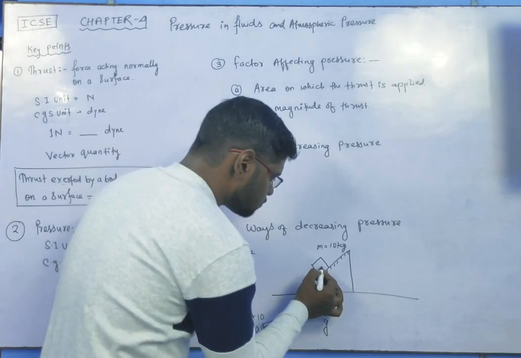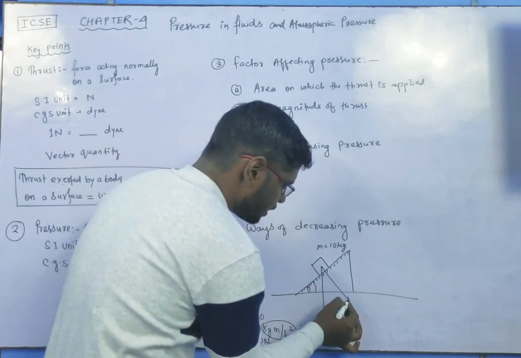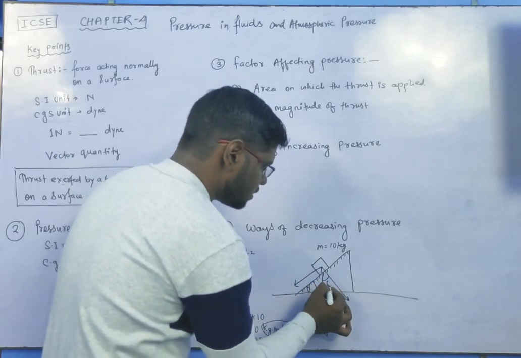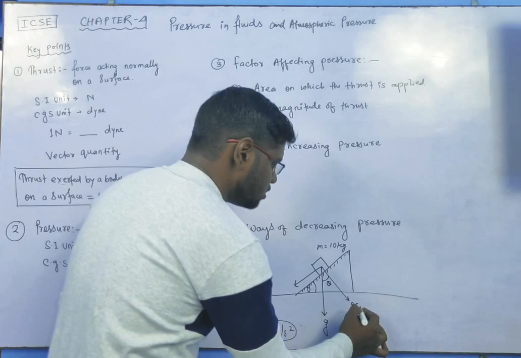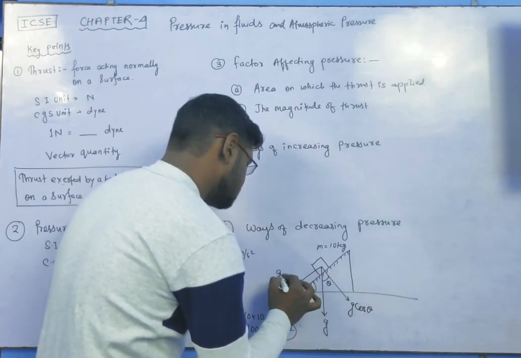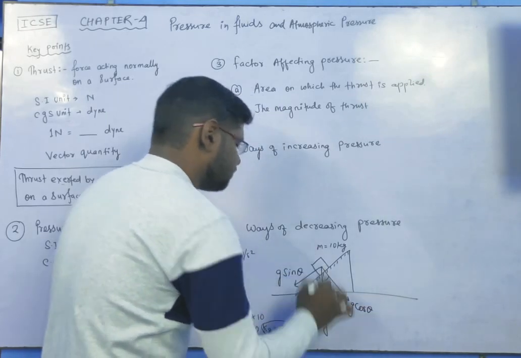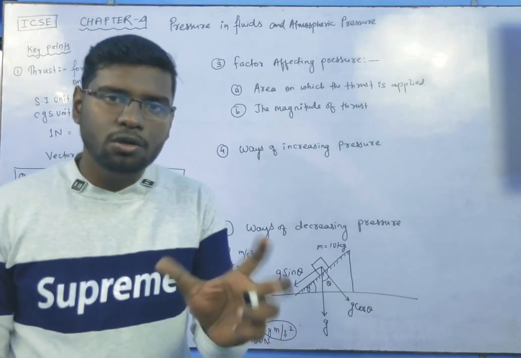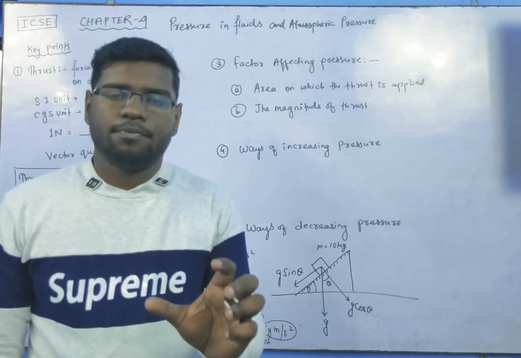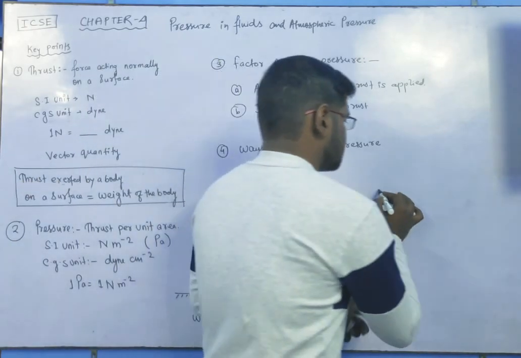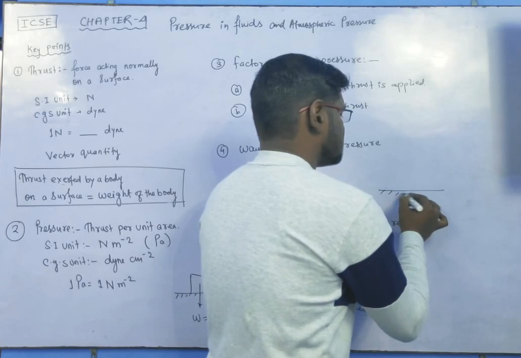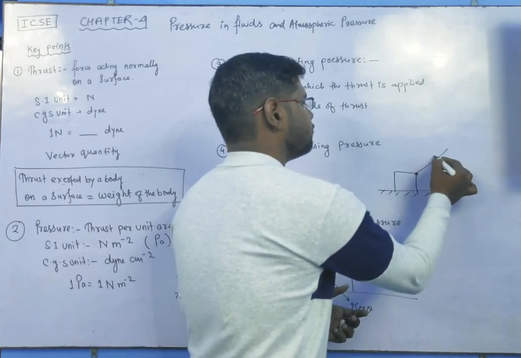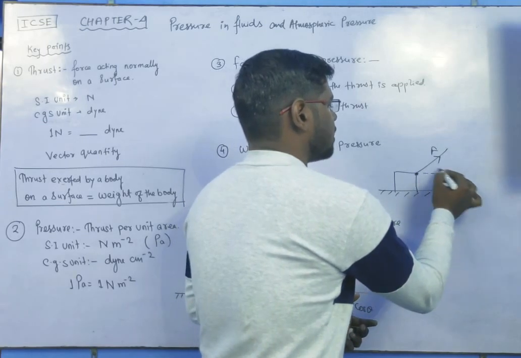We will use one technique. We will resolve like this. So this is theta, and this becomes g cos theta, and this becomes g sin theta. In class 11 you will read one topic, that is resolution of forces. In resolution of forces, suppose that this is a horizontal surface and this is a block and one thread is attached and force is applied in this direction, making an angle theta.